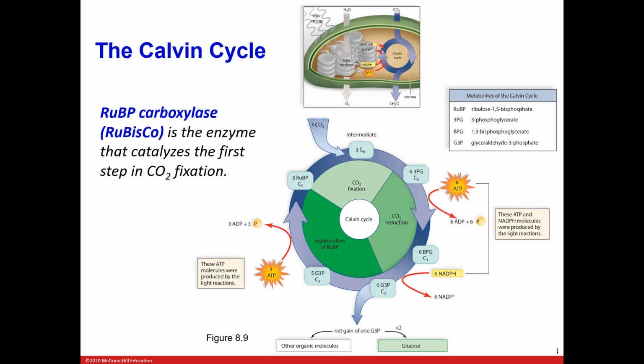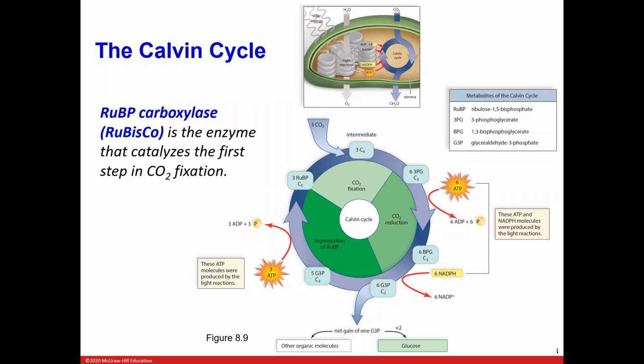Now the next thing we want to do is reduce. There are a lot of enzymatic reactions that aren't shown here, but we have some enzymatic changes. We now have 6 3-PG, which is 3-phosphoglycerate. What happens is the 6-carbon molecules become split.